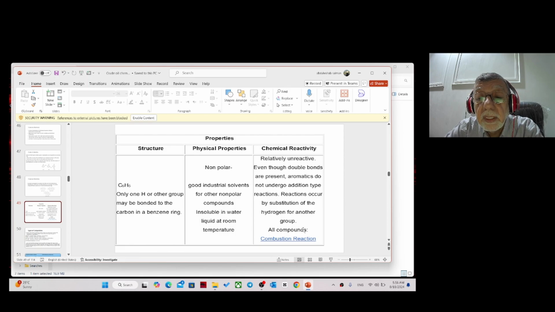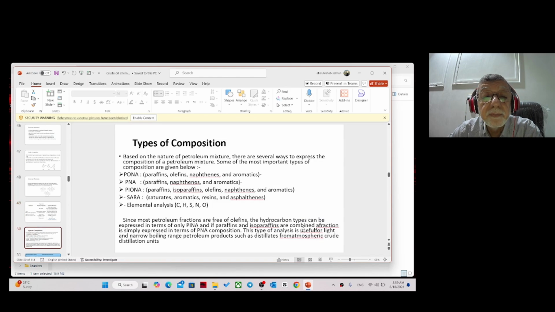Nonpolar, good industrial solvent for other nonpolar compounds, insoluble in water, liquid at room temperature. Relatively unreactive even though double bonds are present. Here it is unreactive, not like olefin. Aromatics do not undergo addition-type reactions. Reactions occur by substitution of the hydrogen for another group. All compounds undergo combustion reactions.